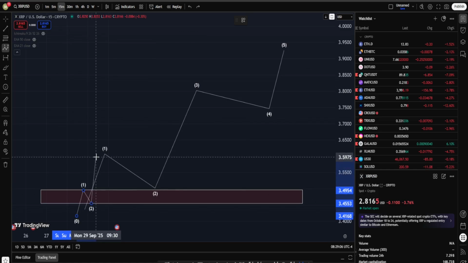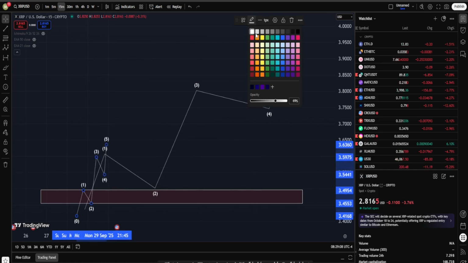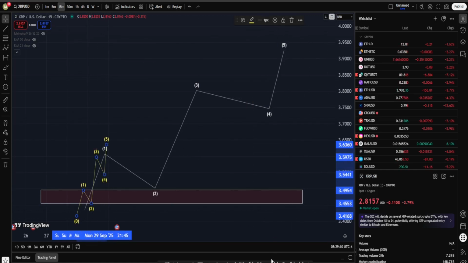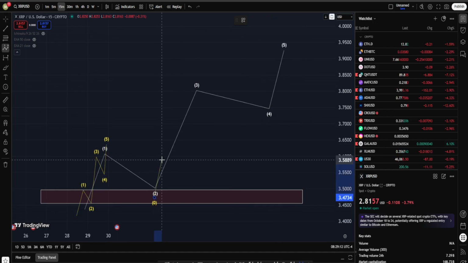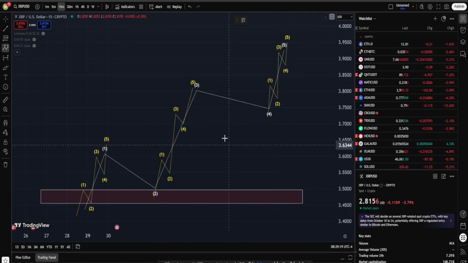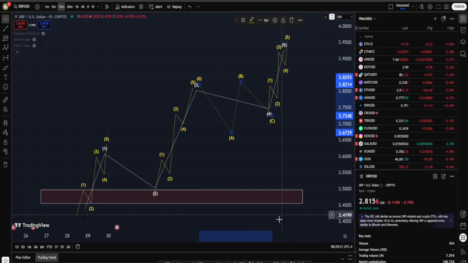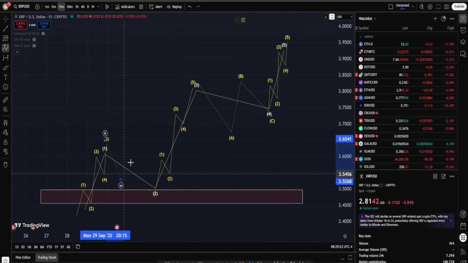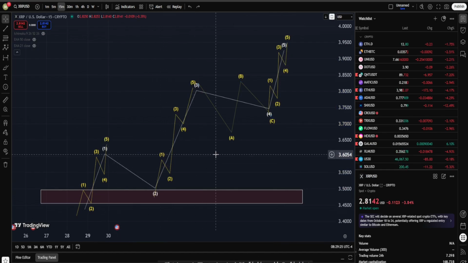In terms of the sub waves, I think you probably know what I'm about to say if you are a regular viewer of the channel. We must have 5 wave up into wave 1, 3 and 5, and for wave 2 and 4 we can have many different possibilities. Let's say ABC into 4 and like a WXY into wave 2.